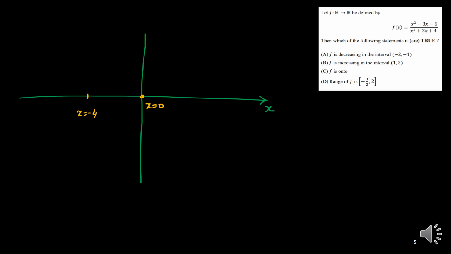What I have said is that at x equals minus 4 it is having the maximum value, suppose here it is 11 by 6, and at x equals 0 it is having minimum value minus 3 by 2, because f of 0 is minus 3 by 2 and f of minus 4 I have got 11 by 6. So this is minus 3 by 2, suppose here.